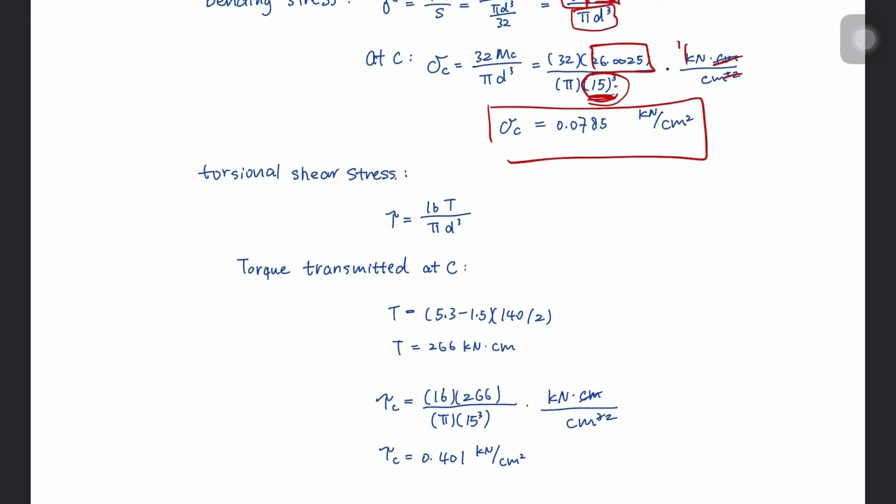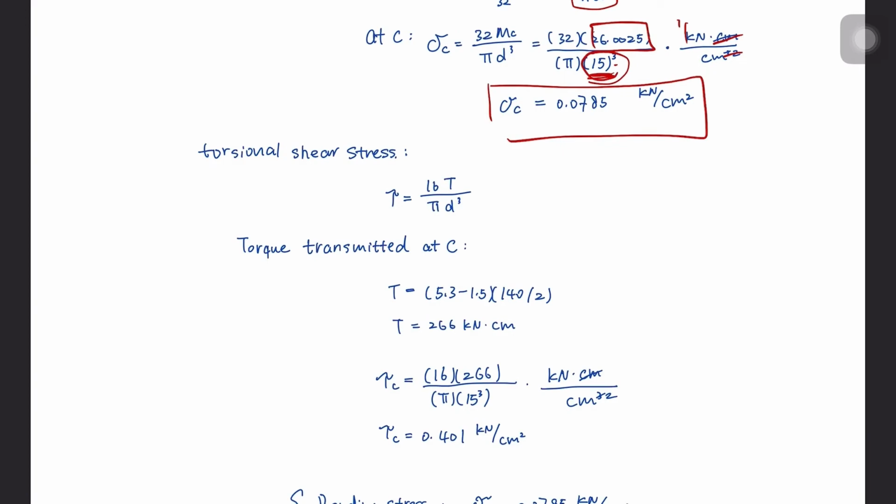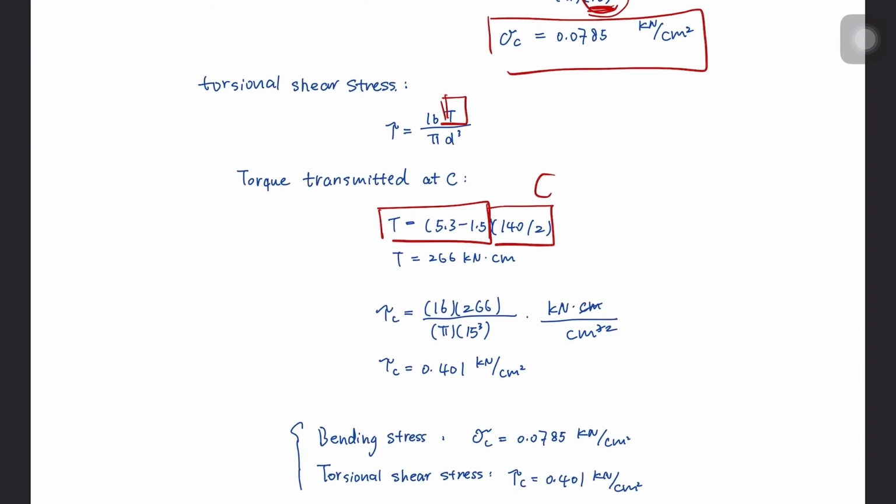And then for the torsional shear stress, the first thing is we need to find T, because we don't know T. So the T is the force times the radius of the pulley C. We have this equation from part A, and the answer is T equals 266 kilonewton times centimeters. And now that we have T, we can sub this back into the equation here.